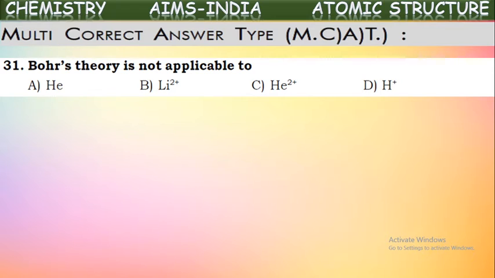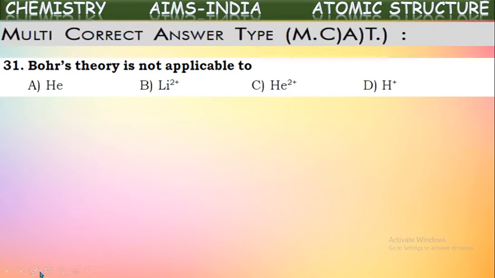Li plus 2 also contains single electron. Like this, for atoms or ions which have a single electron, only for those Bohr's theory is applicable. For the atoms or ions which have more than one electron, Bohr's theory is not applicable. Now see here, for those which have either more or less than one electron, Bohr's theory is not applicable.